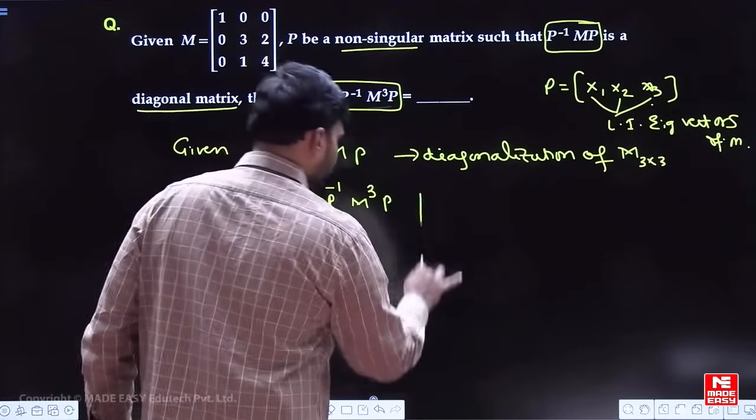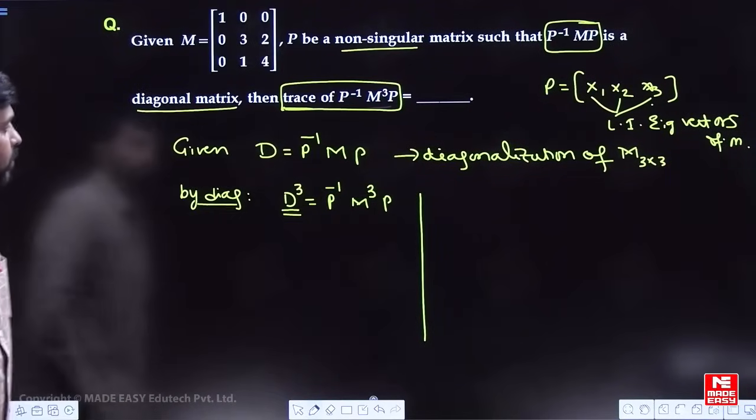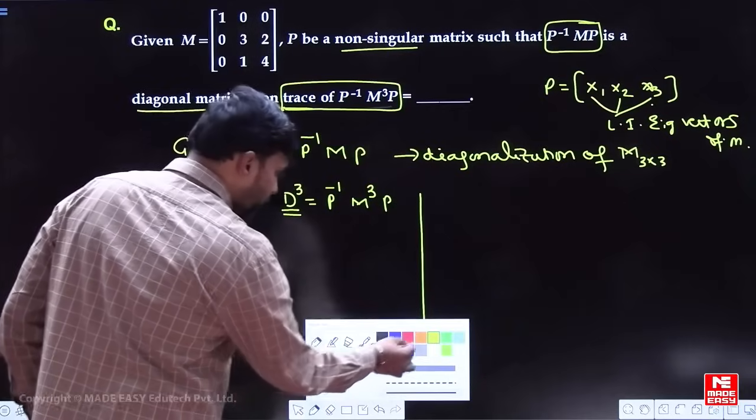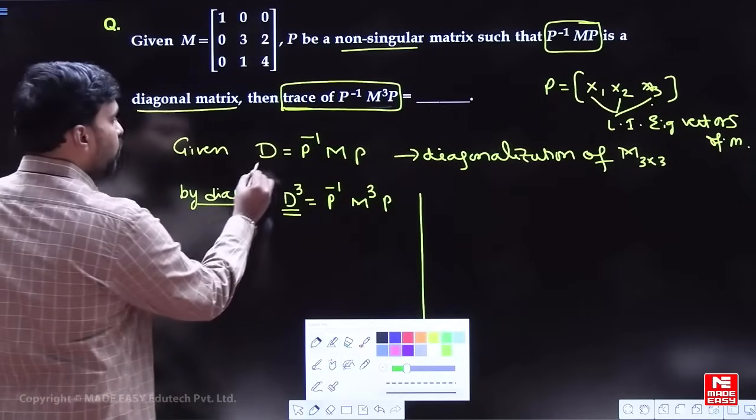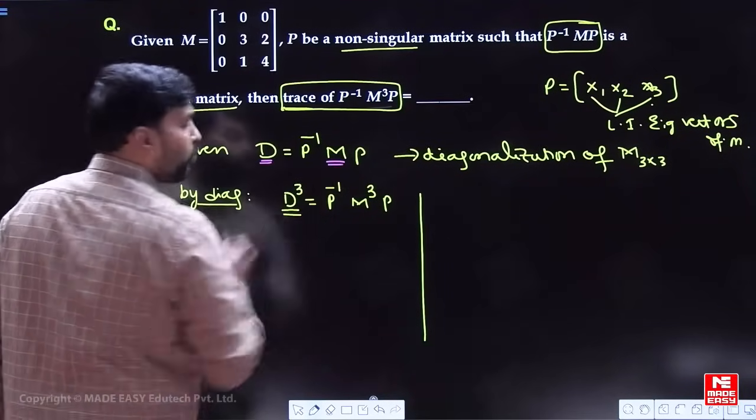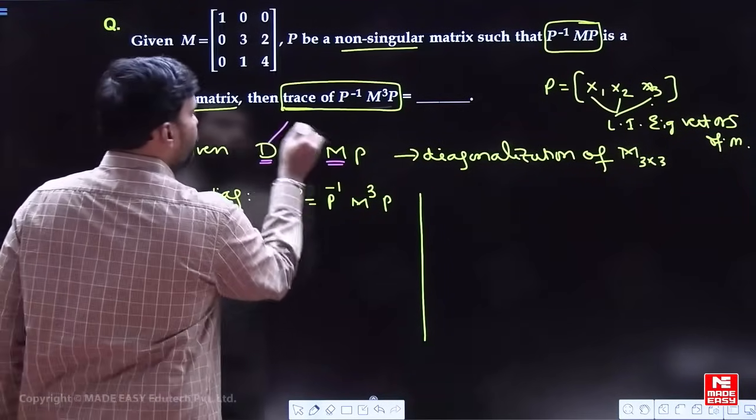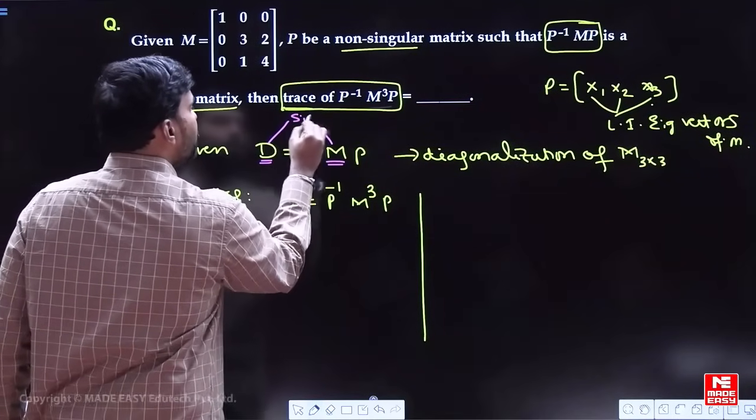Right, let's go into the concept of this. What is the concept here? Yes. As D is equal to P inverse MP, now D and M are similar matrices.